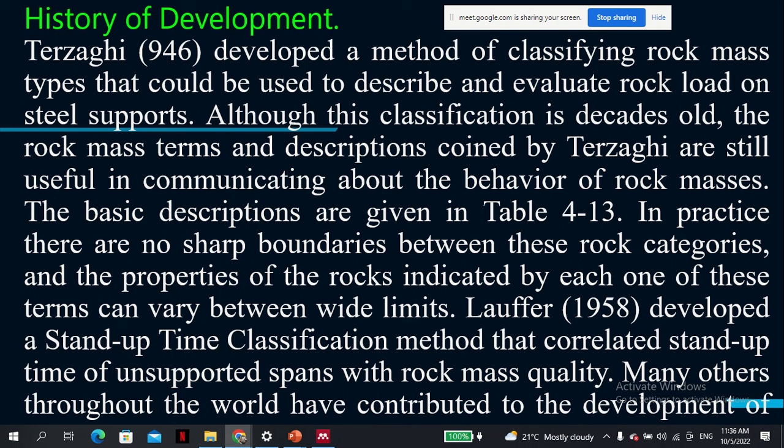Lauffer in 1958 developed a stand-up time classification method that correlated stand-up time of supported spans with rock mass quality.